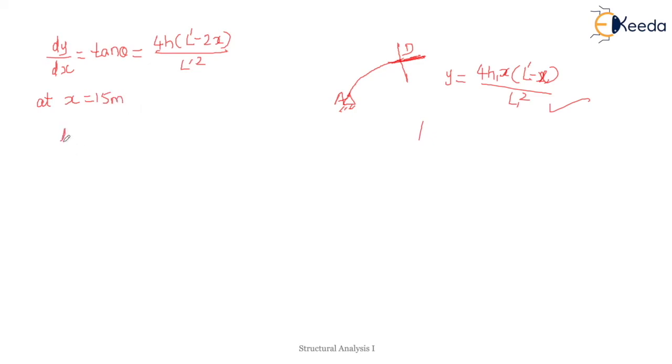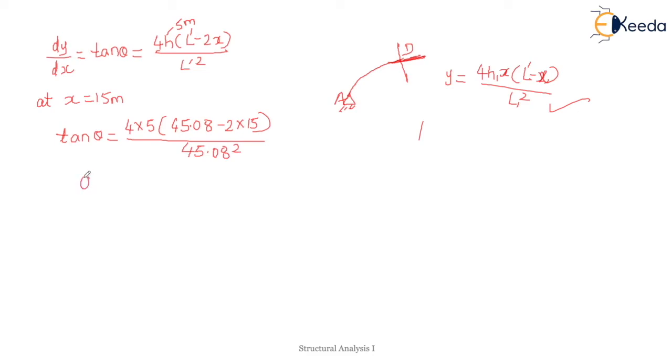we will get tan theta by substituting at x equal to 15 meter. H we know is 5 meter, and we will substitute the l dash value. So tan theta is 4 into 5 into (45.08, that is the total span, minus 2 into 15) divided by 45.08 square.